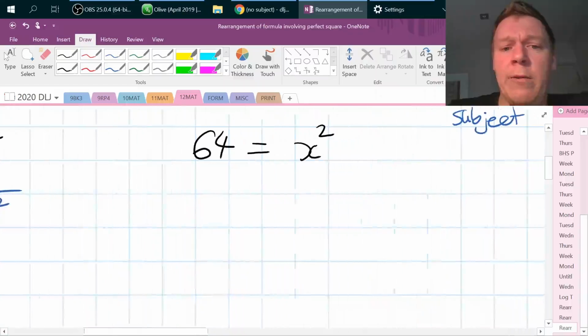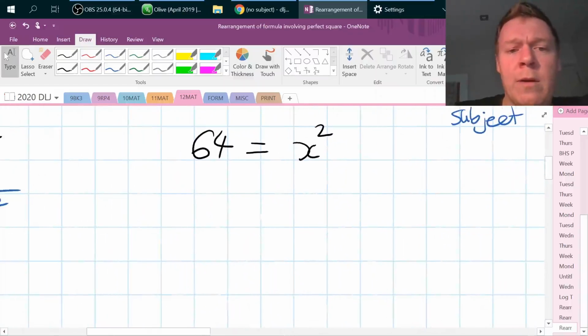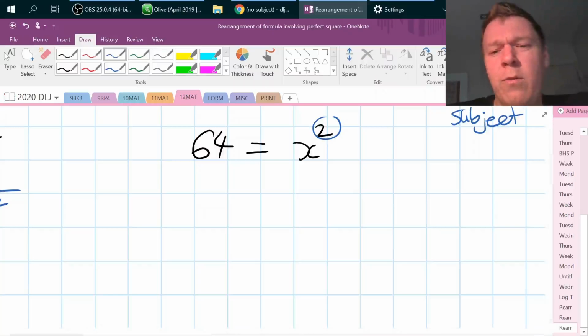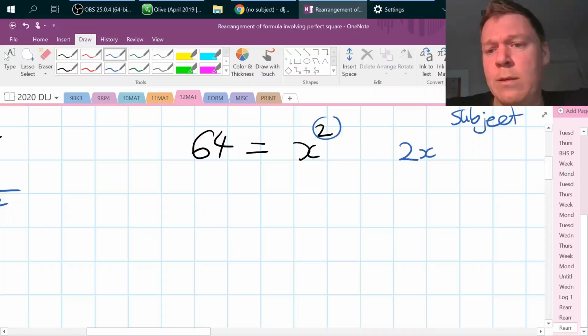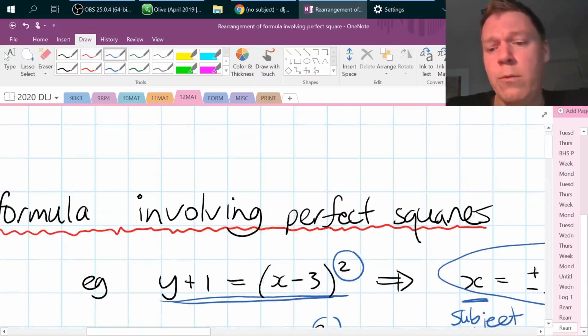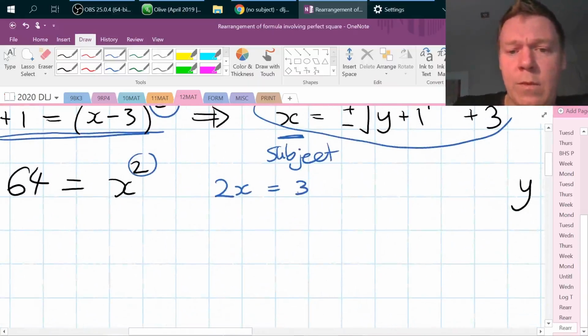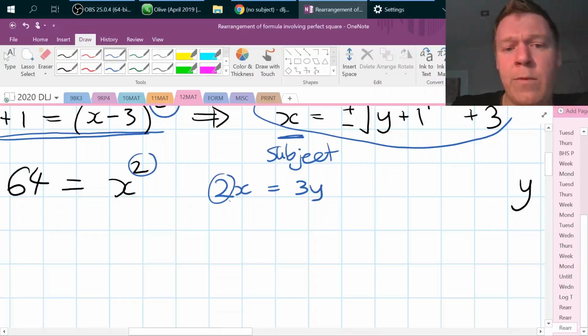I'll show you over here, the same thing. We don't actually do the square root on both sides, we just move the 2 over, and when it goes to the other side it becomes a square root. It's sort of like how if I had 2x equals 3y, then we'd move this 2 to the other side.